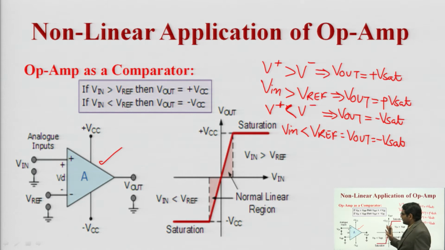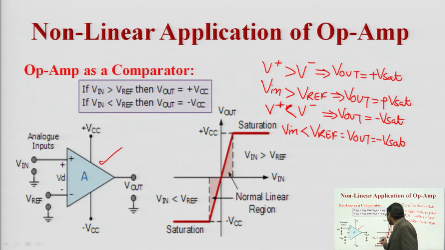This is the basic concept by which the op-amp can be operated as a comparator, its output being either plus Vsat or minus Vsat.